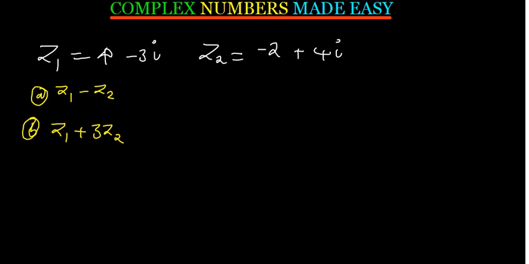So basically, to find z1 minus z2, just get z1, which is 4 minus 3i, and then minus z2. Now put z2 in brackets, all right? That will be negative 2 plus 4i.